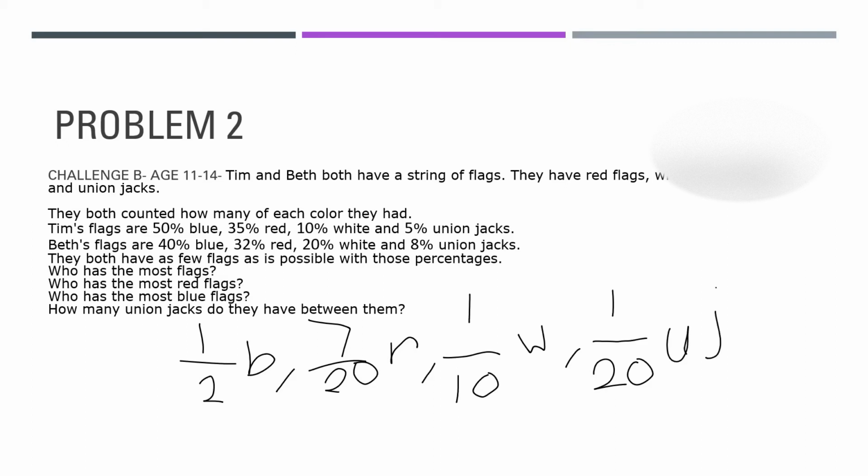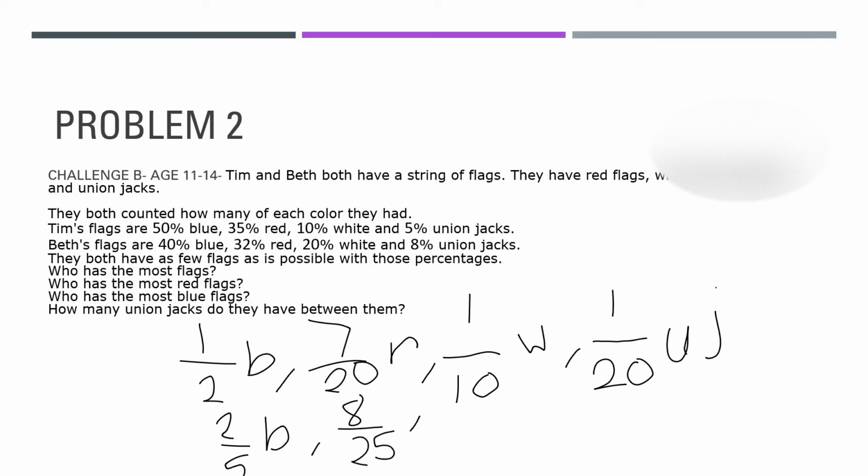Next, let's go on to Beth. So Beth has 40% blue. So that would be 2/5 is blue. Next, how many red? 32% red. Now, that would be 16 by 50. Simplify that again, 8 by 25.